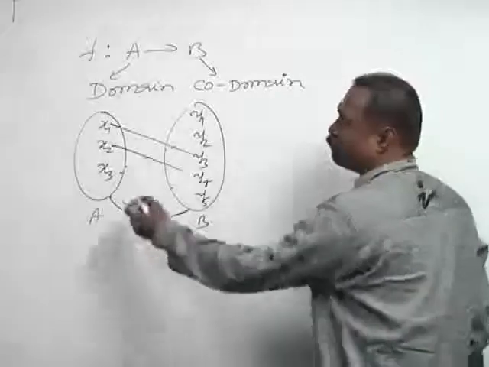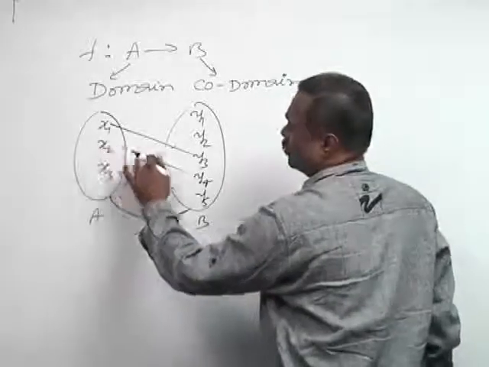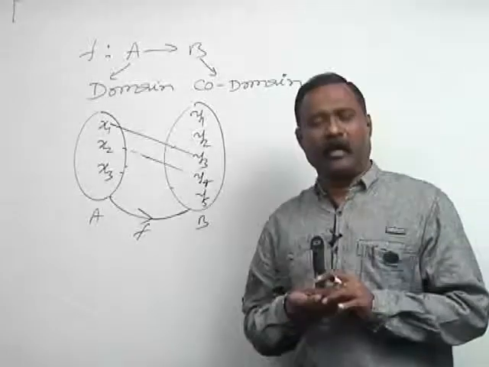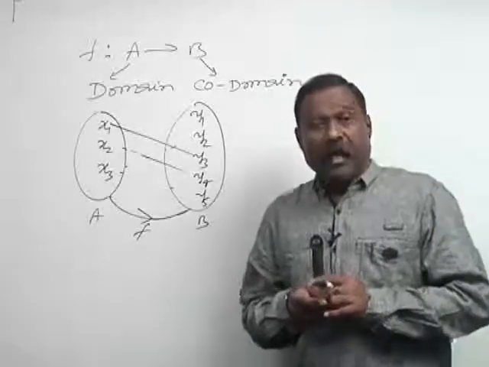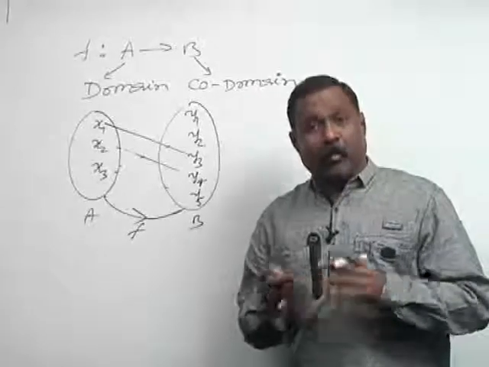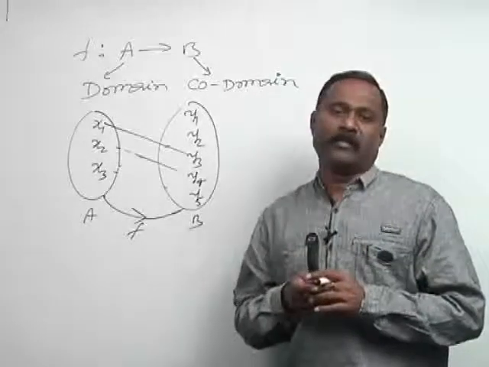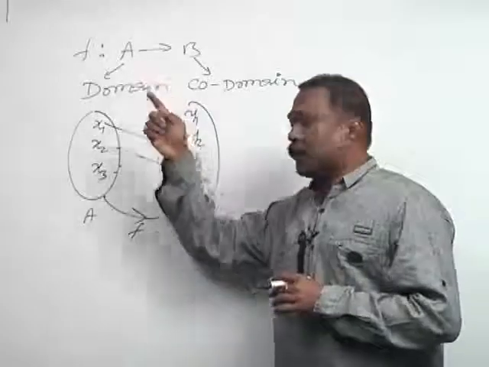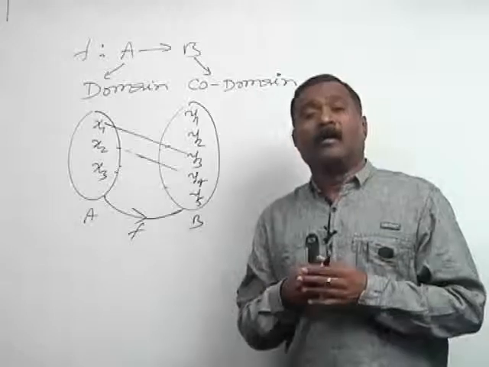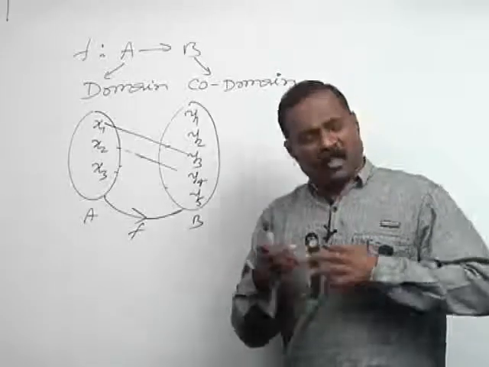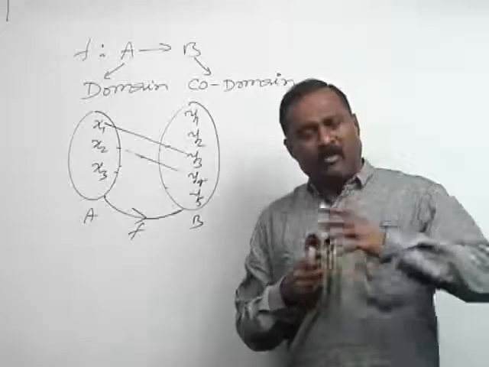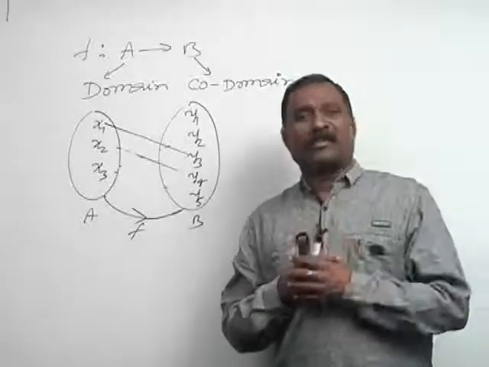According to the definition of the function, let A and B be two non-empty sets, and to every element of set A, exactly one and only one element of set B is associated, then f is said to be a function. A better example is if you take your classroom and let us suppose there are totally 30 students in your classroom, and on that day only 25 students are present and 5 students are absent.